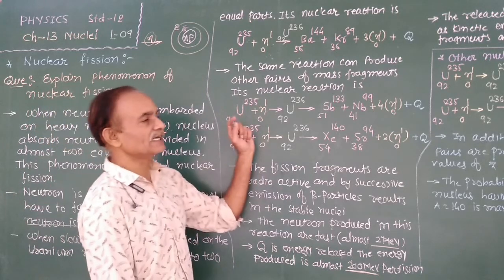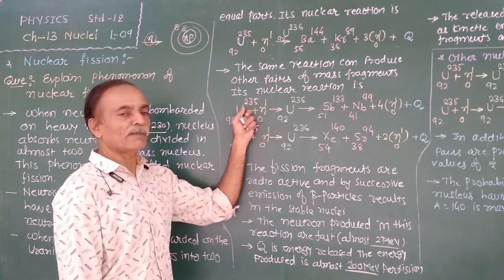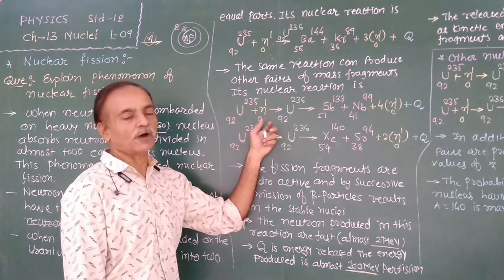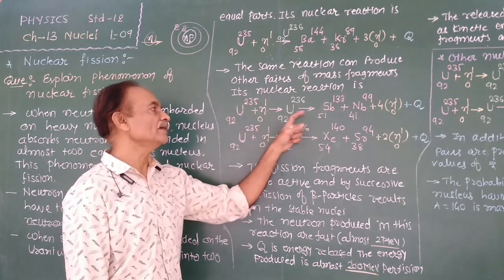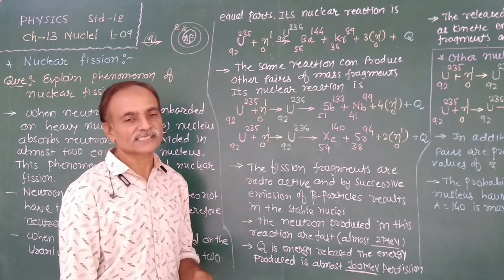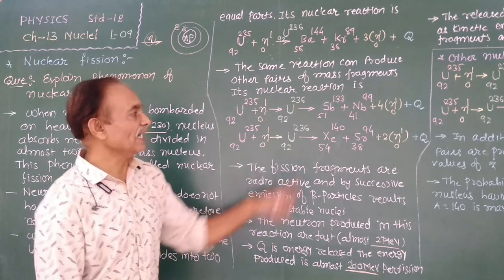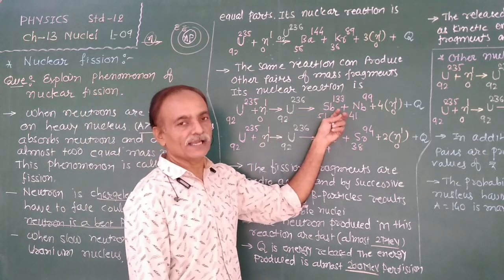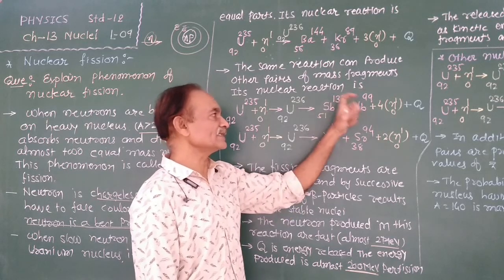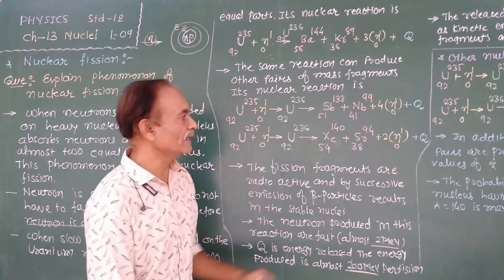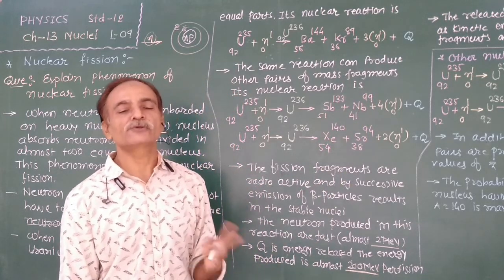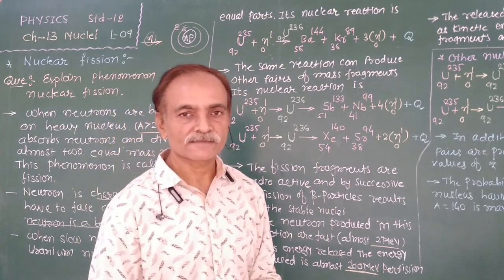When a neutron is bombarded on uranium 92-235, it absorbs this neutron and becomes the unstable uranium nucleus 92-236, and gets divided into 2 nuclei: antimony 51-133 plus niobium 41-99 plus 4 neutrons, and Q amount of energy is released.